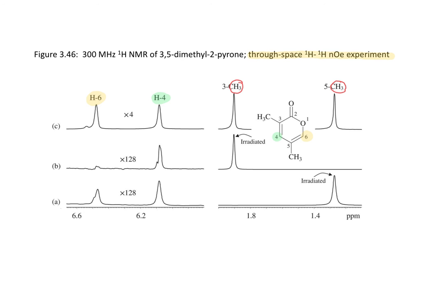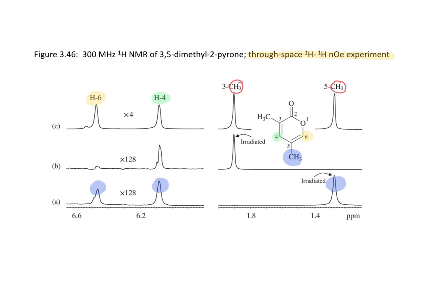Upon irradiation of the 1.3 parts per million methyl group, we see nuclear Overhauser enhancement of both of the alkene hydrogens. And that is consistent with the methyl group being attached to carbon 5 in proximity to the hydrogen bonded to carbon 4 and the hydrogen bonded to carbon 6.